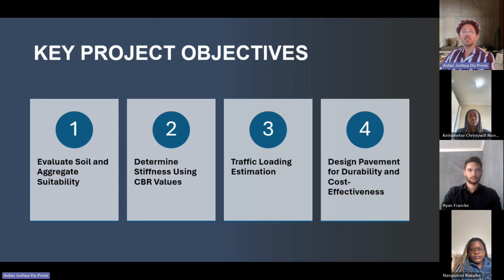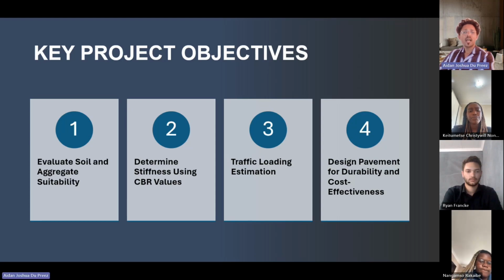Stiffness values are numbers that tell us how much the layer bends or compresses under a load. These values are calculated using CBR test results, which measure the resistance of the soil to pressure. The technical guideline stresses that the pavement's layer stiffness ensures it can distribute traffic loads evenly, preventing localized damage.